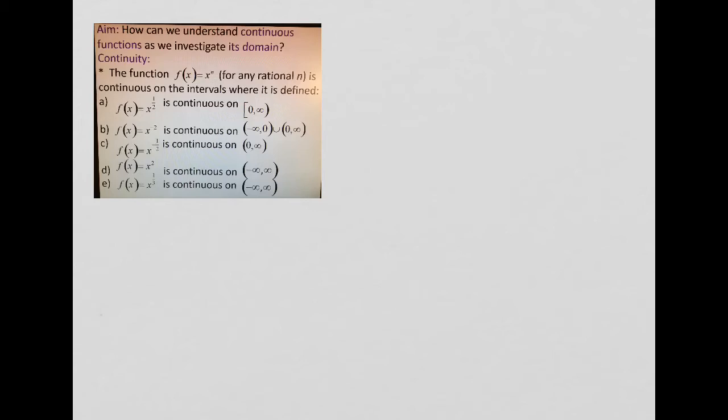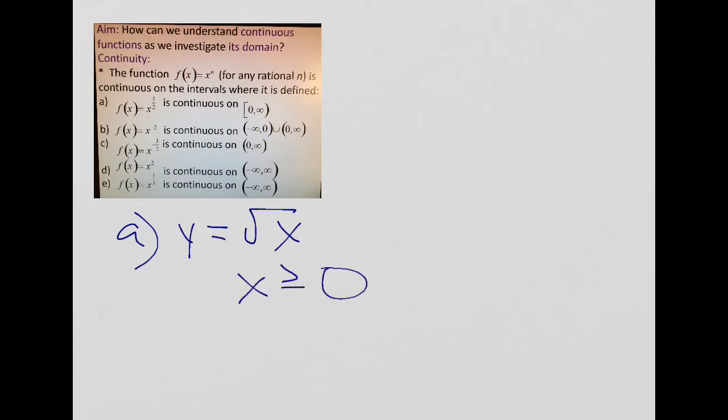So A we actually spoke about, but I didn't show you. A is saying that we have the equation of y equals the square root of x. You take what the expression is, set it greater than or equal to 0, and solve. Okay, so it's continuous, including 0 to infinity.